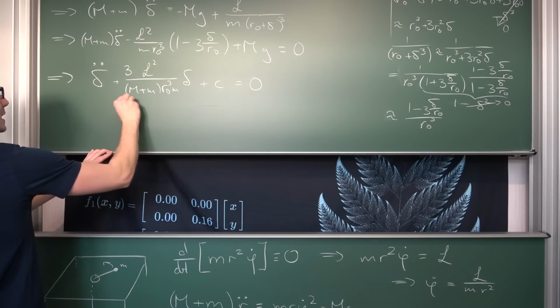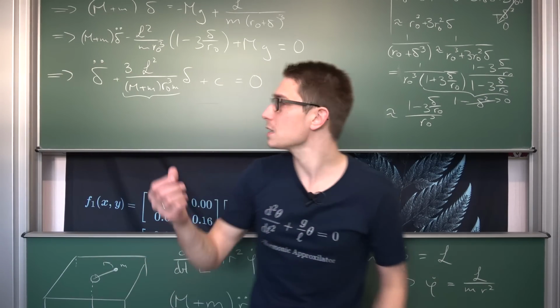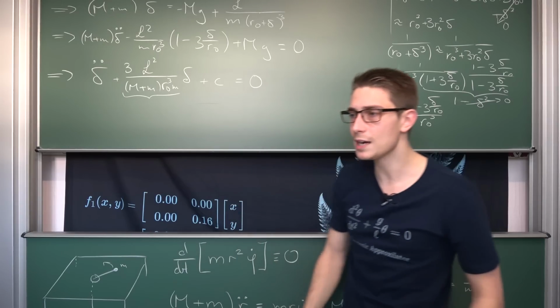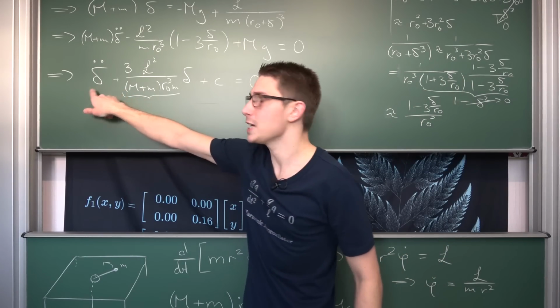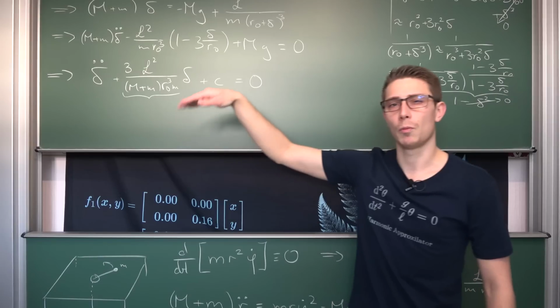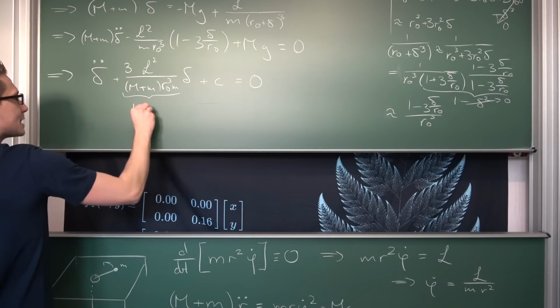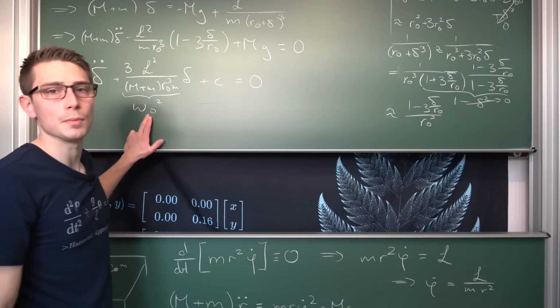If this right here is, for example, some distance, differentiate with respect to time twice, that's going to be an acceleration. But this right here is just a distance, meaning this part must be something of the form 1 over second squared, and 1 over second squared is just a frequency, or the eigenfrequency of the system squared.